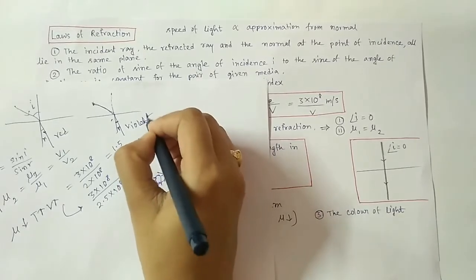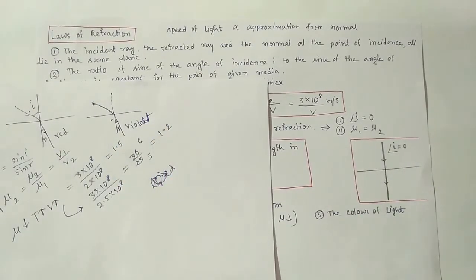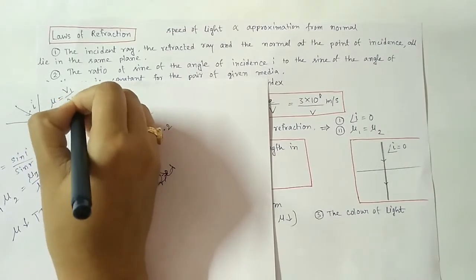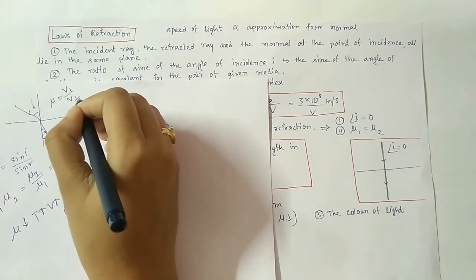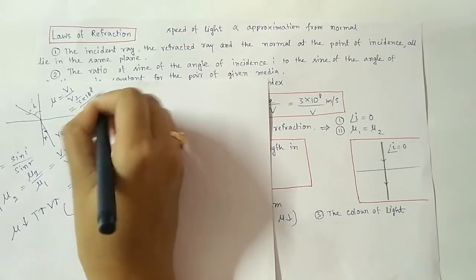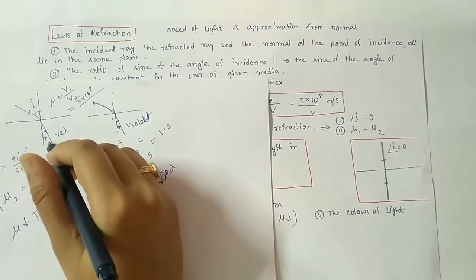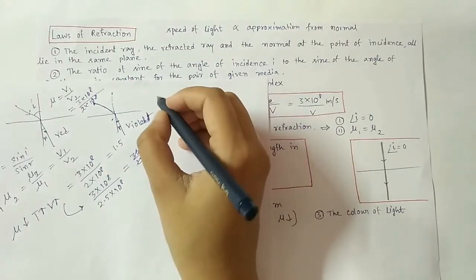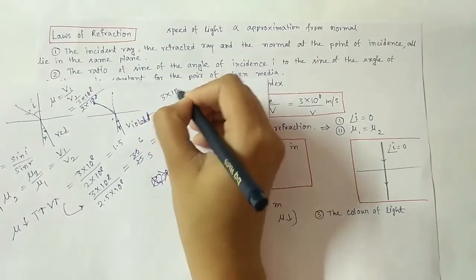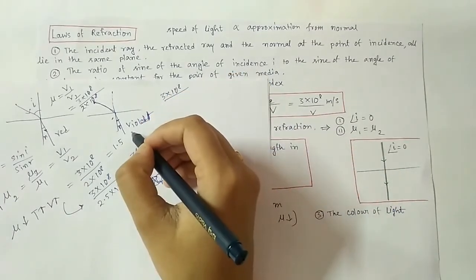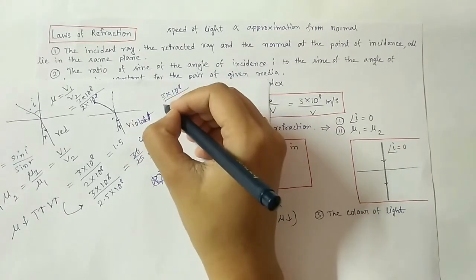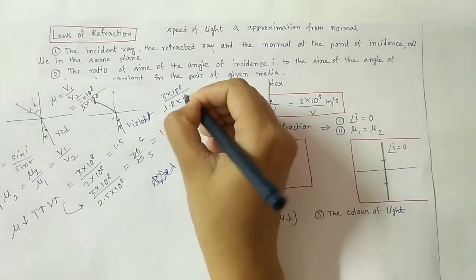So if we calculate the refractive index of the two media, we get that mu is equal to the velocity v1 by v2. Suppose v1 is 3 into 10 to the power 8, and the velocity of red light in this medium is 2 into 10 to the power 8 meter per second, and the velocity of violet light in the second medium, as it is decreased, is suppose 1.8 into 10 to the power 8 meter per second.